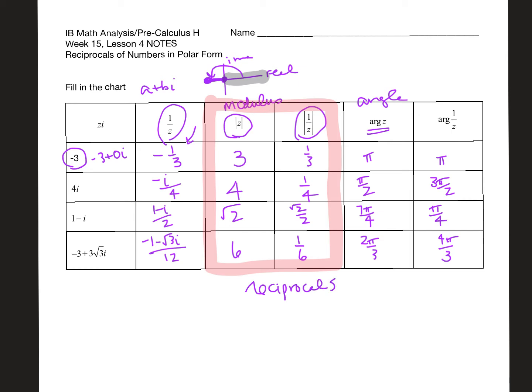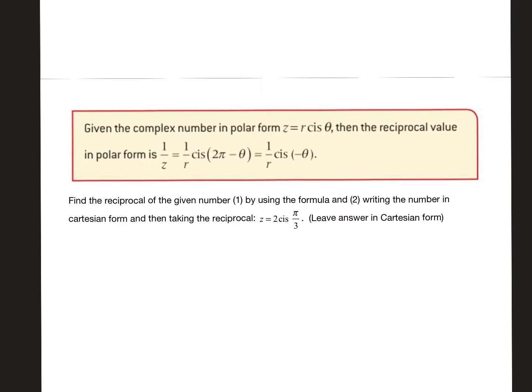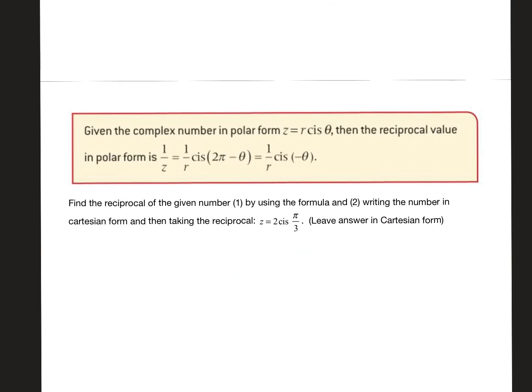And I'm hoping that you're seeing that these two columns, those angles, column 1 plus column 2, have a sum of 2 pi. This is going to come in really handy when we decide to take the reciprocal of numbers that are in complex form.